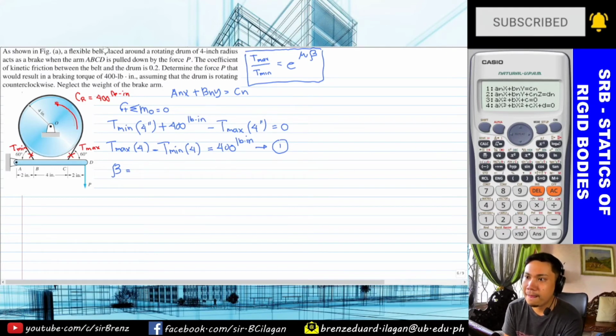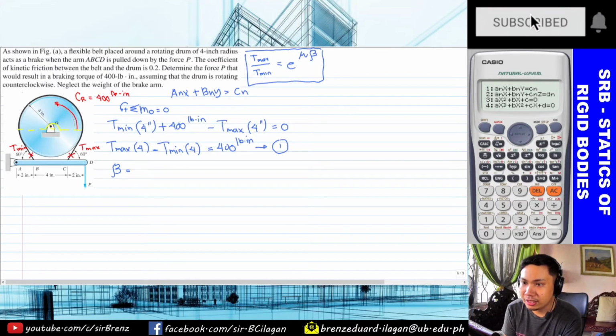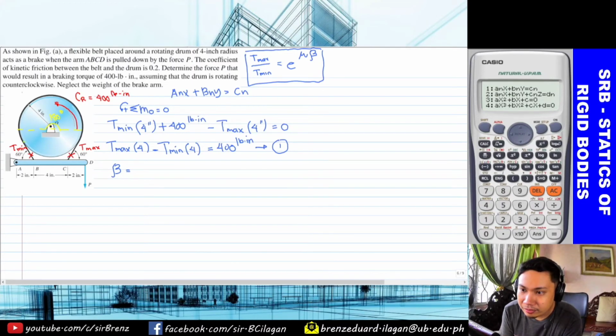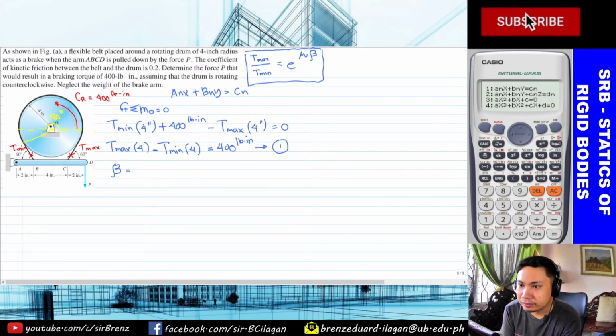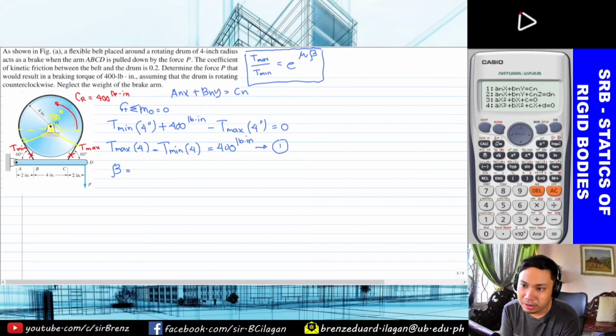This part, guys, is no problem, right? Obviously, the semicircle is equal to 180 degrees. Our problem is this contact point here. Supposedly, this is tangent here, so this will form 90 degrees.